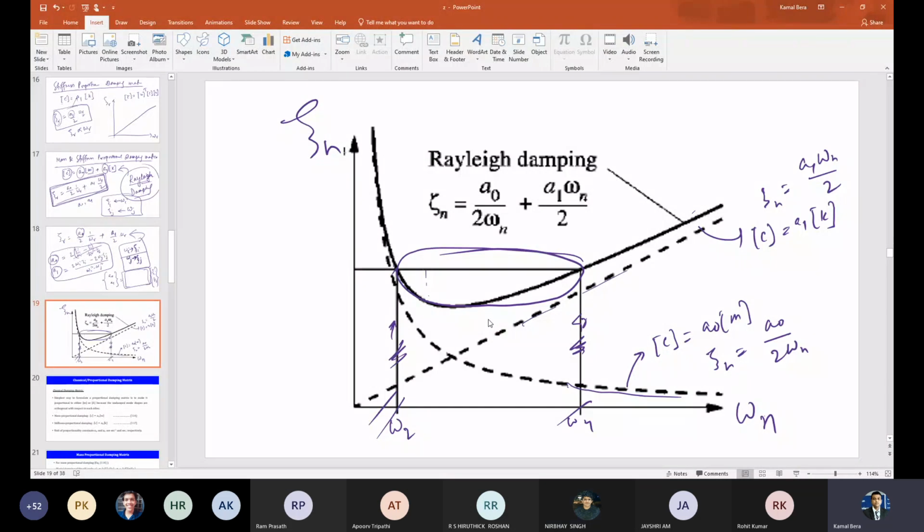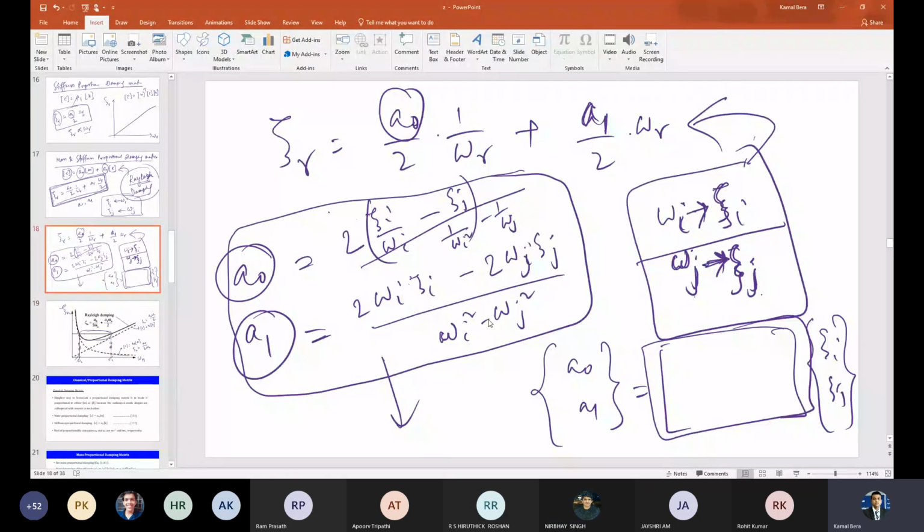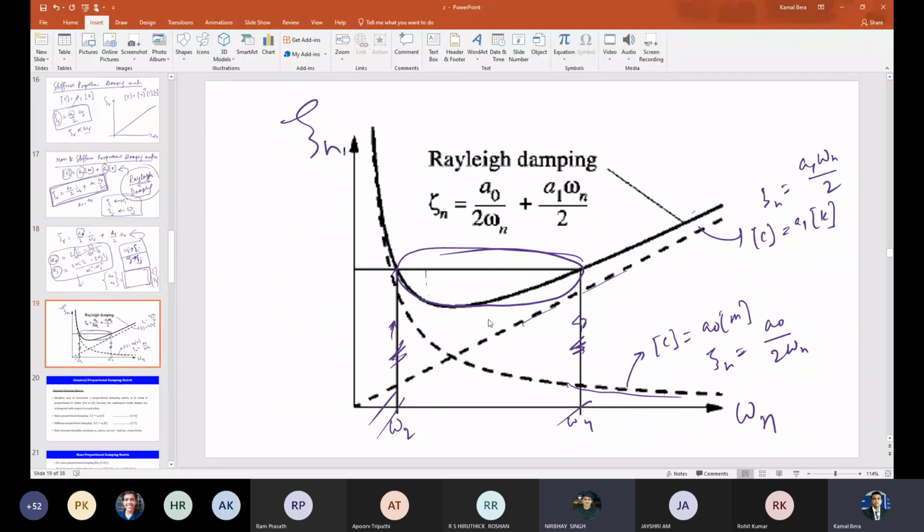We use the expression obtained if my modal damping ratios are the same for two distinct modes. In practical scenarios we try to see which two modes have equal damping ratio, so that our calculations become much easier.